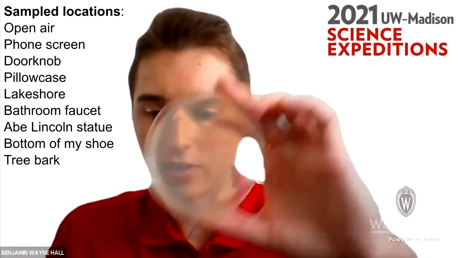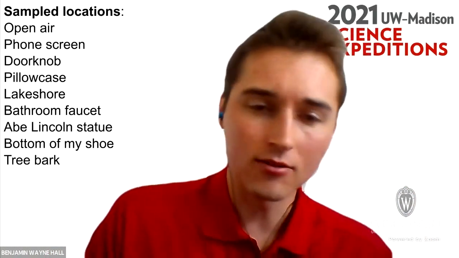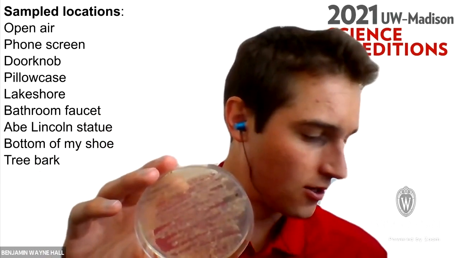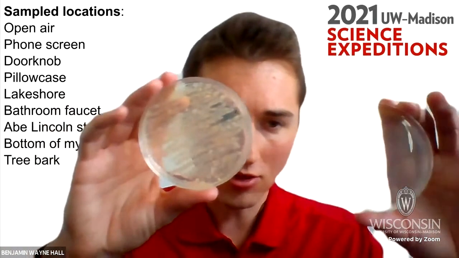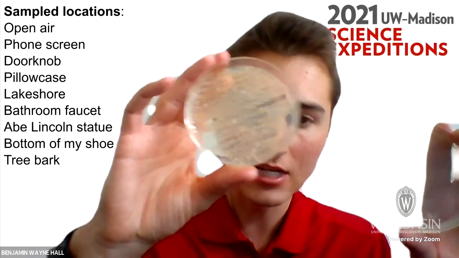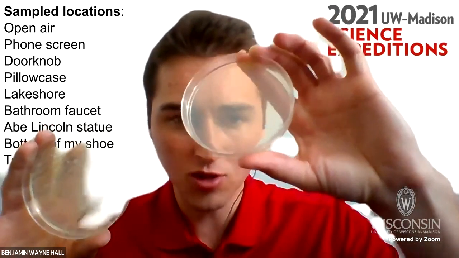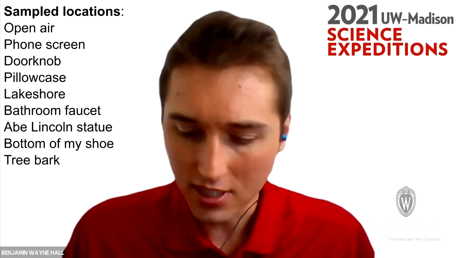So this is the phone screen, for example. And even if we look at samples from nature, like the lakeshore versus tree bark. So the lakeshore tells us there are lots of bacteria in nature. So the tree bark, maybe there should be lots of bacteria on the tree bark too. So why might there be these differences?